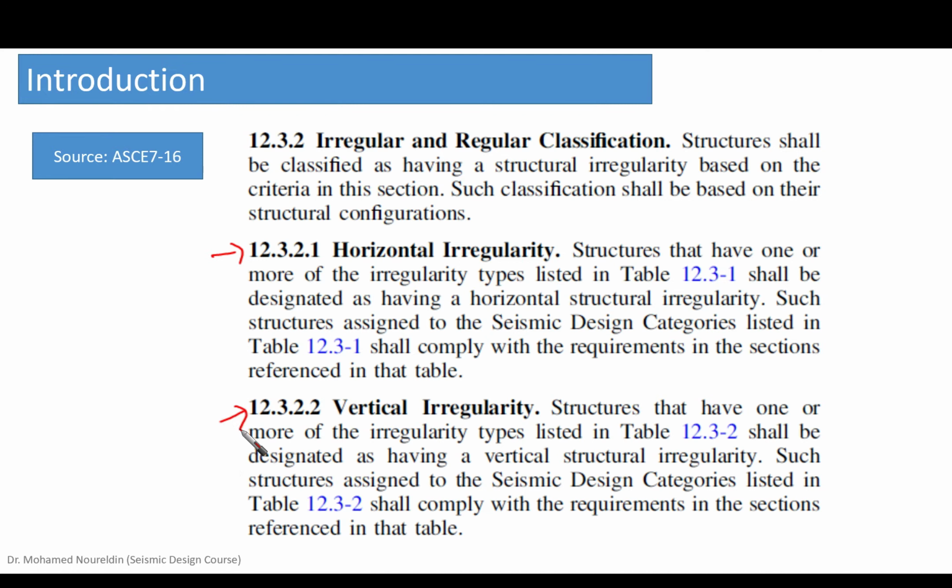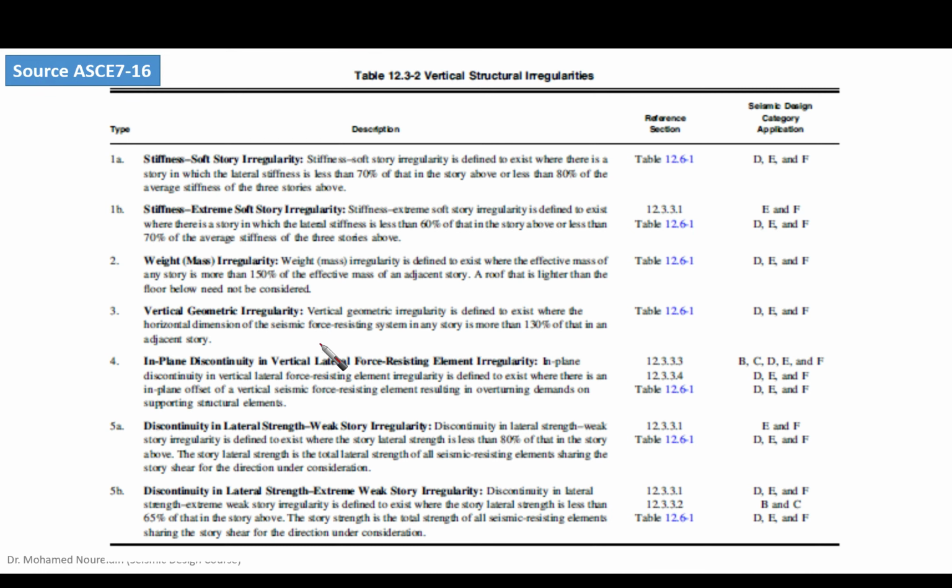For the second subsection, we are going to talk about the vertical irregularity, which is listed in Table 12.3-2. So it's the second one here. It is dealing with the vertical irregularity. Still we have 1A, 1B, and then we have 2, 3, 4, 5A, 5B.